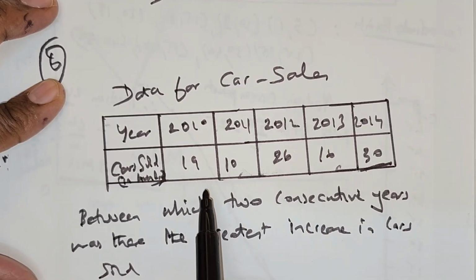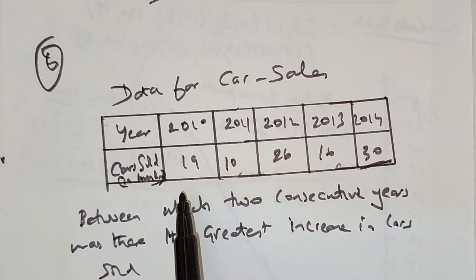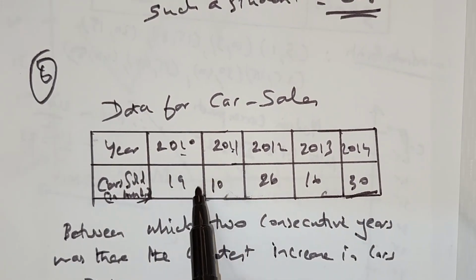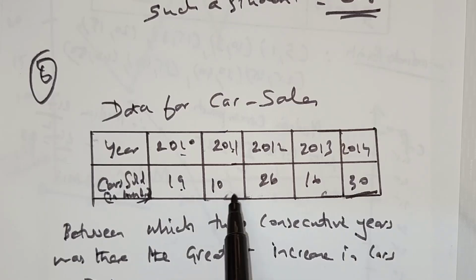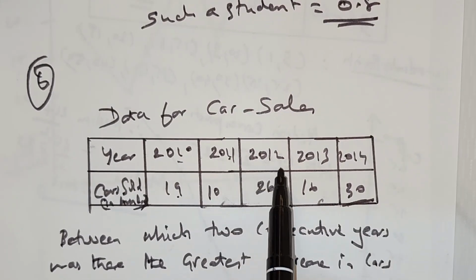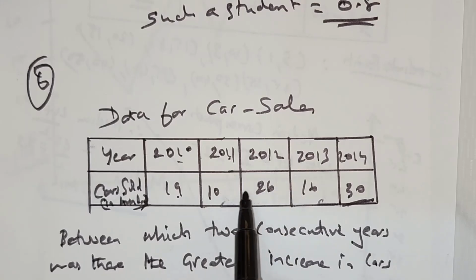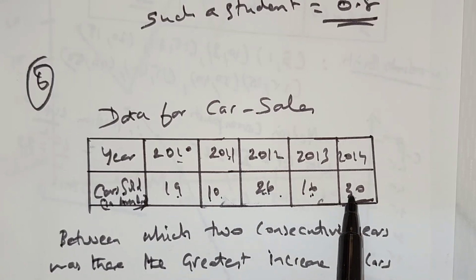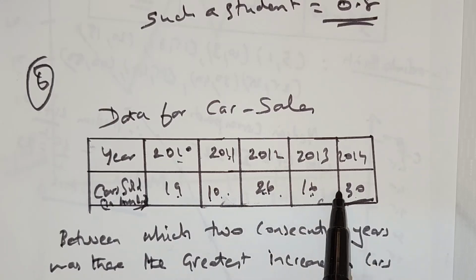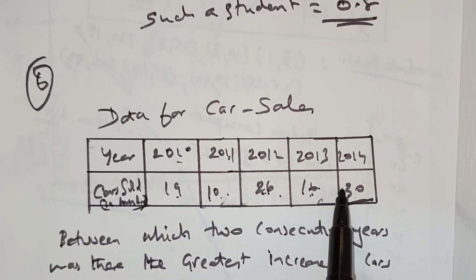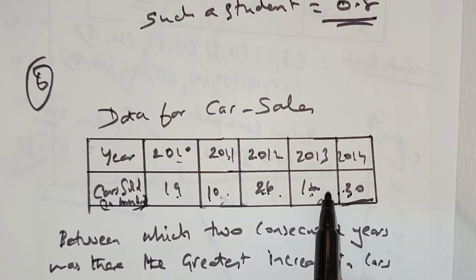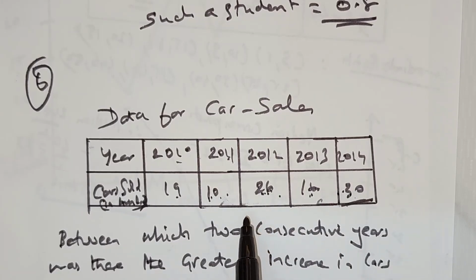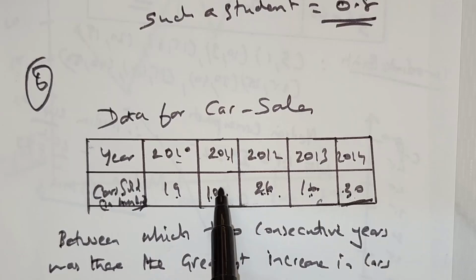For that you have to watch the table. Two consecutive years: 19 and 10, no, that's a fall. Between 2011 and 2013 you have 16. 26 and 16, it's 10. 16 and 30, it's 14. Between 10 and 26 it's 16.